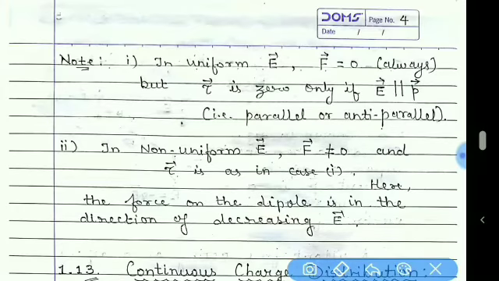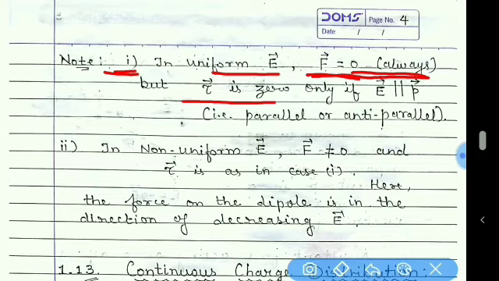Now some important points related to this topic. Here, the first point says that in a uniform electric field the force is always zero on a dipole, but torque may or may not be zero.